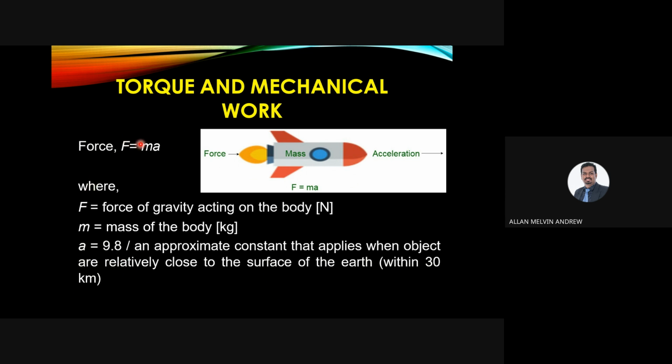So we know m equals mass, in kilograms, and F equals the force of gravity acting on the body, which is in Newton.